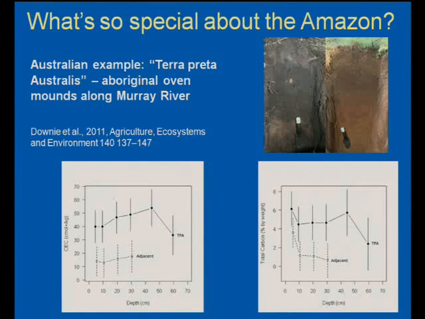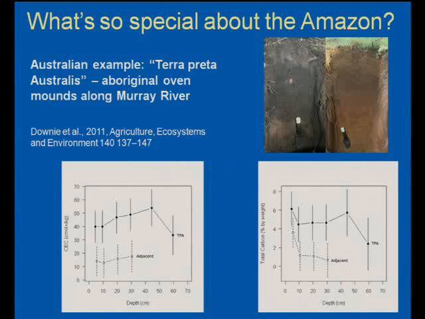and the amount of carbon that is stored in those soils, whereas in the adjacent soils we see the normal profile of soil carbon, starting, in this case, around 3-4% and quickly dropping at 10 centimetres to 1% or less.